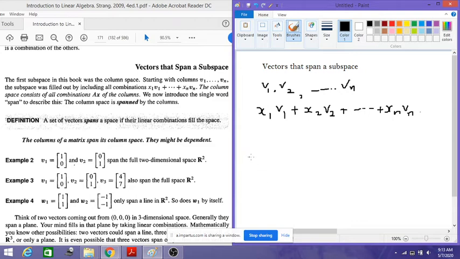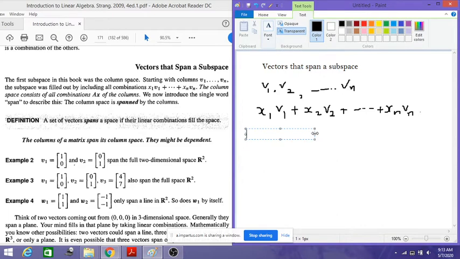Now let's see the definition of span. A set of vectors spans a space if their linear combinations fill the space. That is the definition of span.